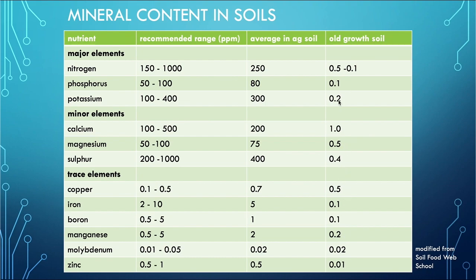This is why when we cut out the Amazon and then graze cattle on it for 2 years, it becomes completely depleted because there's no more plants and no more microbes that keep cycling those nutrients that were bound up in the forest. So old growth forest soil is useless without its biota, without its plants and organisms, especially the microbes, but also the other organisms that feed upon what the microbes extract.